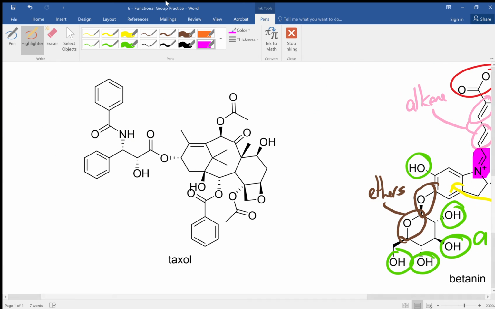Finally, we have Taxol, which we can see is a very large molecule and has a lot of different functional groups in it. So first, we've got 3 aromatic rings.